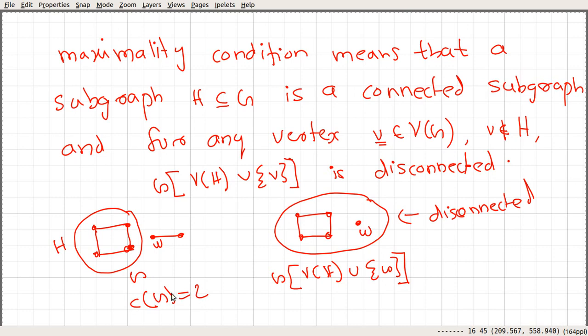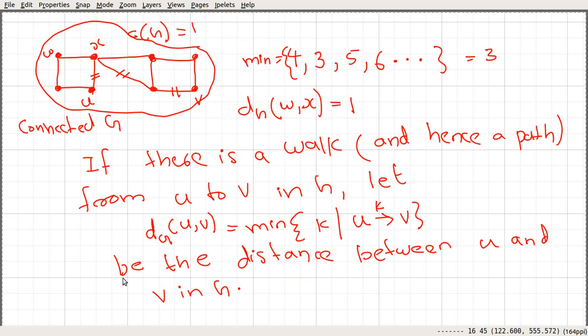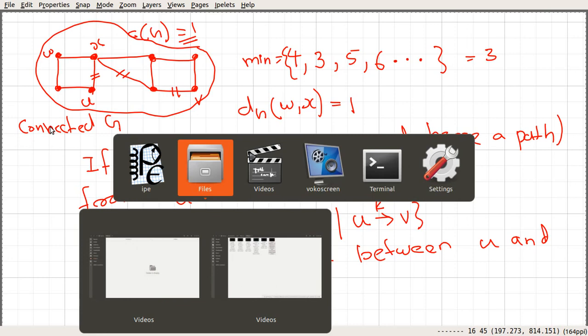Since it is not equal to 1, this is a disconnected graph. Similarly this graph is also a disconnected one, and here you can see that the number of connected components is equal to 1, so it is a connected graph. So hopefully you understood the distance between two vertices in a graph and connected components in a graph.